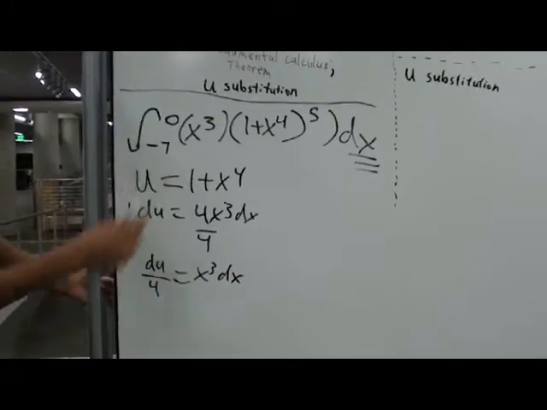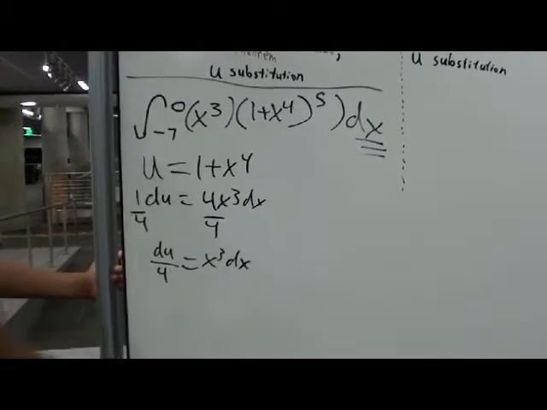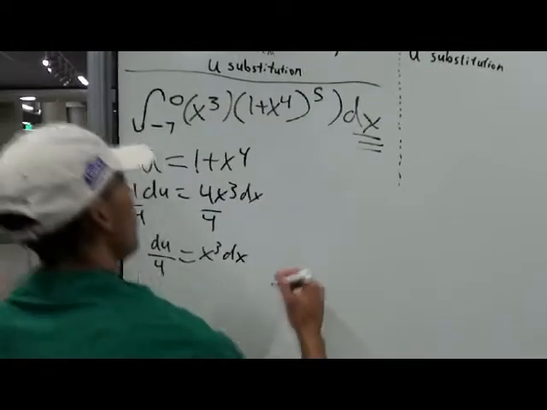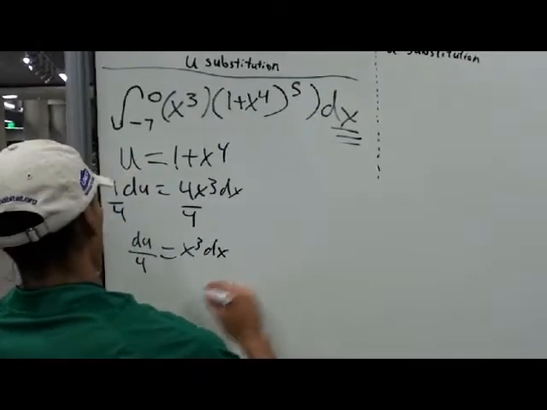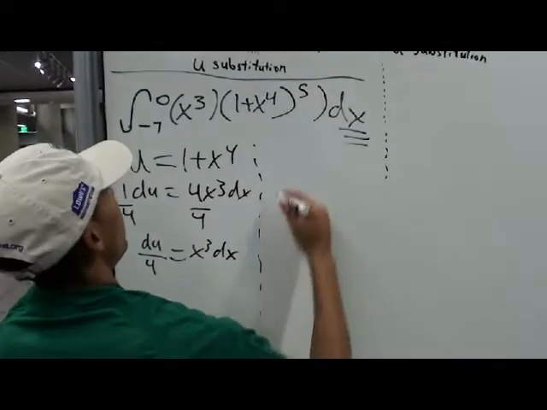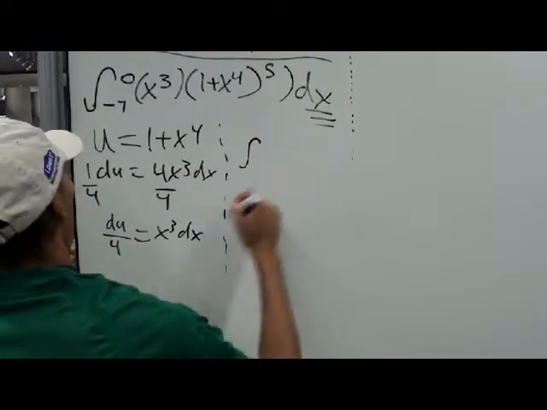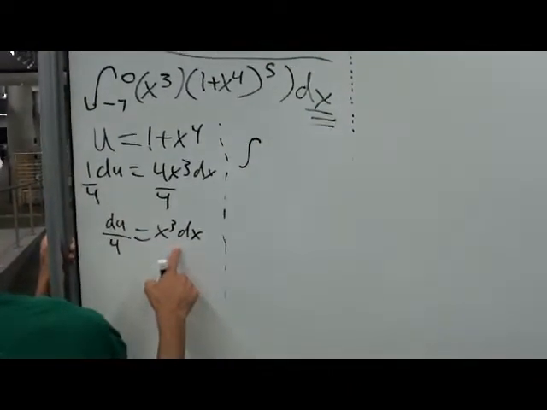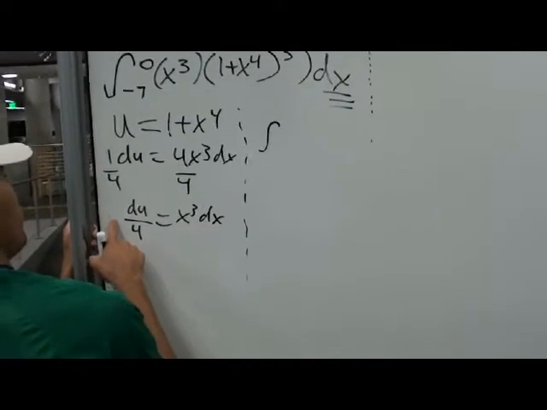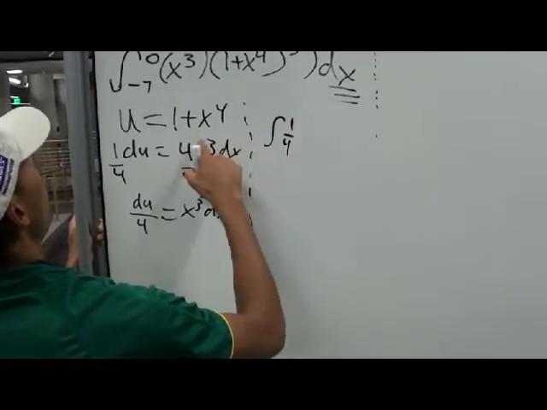Now it's a simple matter of substituting back into our original function. So what did 1 plus x to the 4th equal? It equaled u. So now our new integral is going to look like this. Remember that x cubed dx changes to du over 4, so we can write that as 1/4 right here.